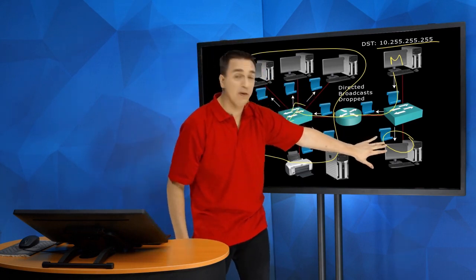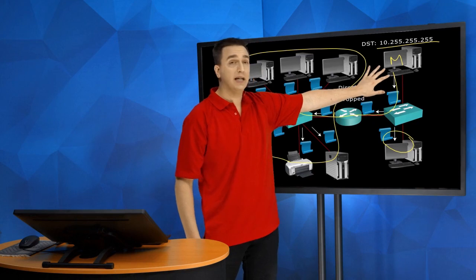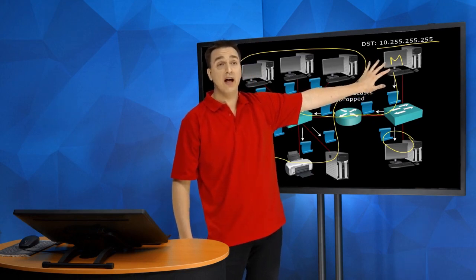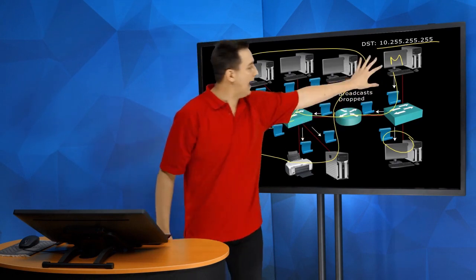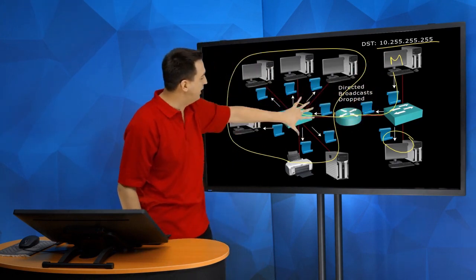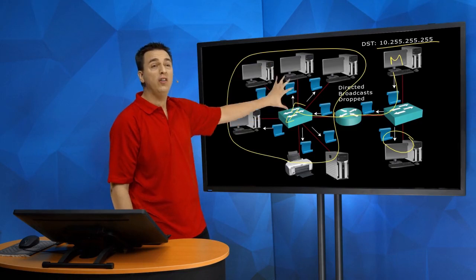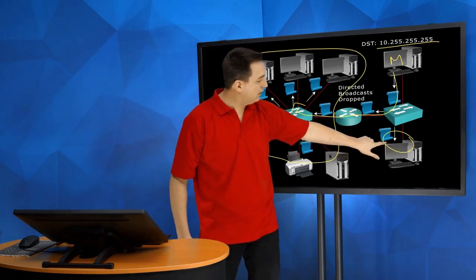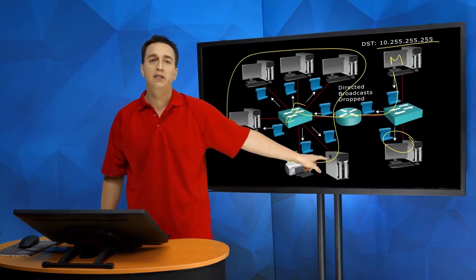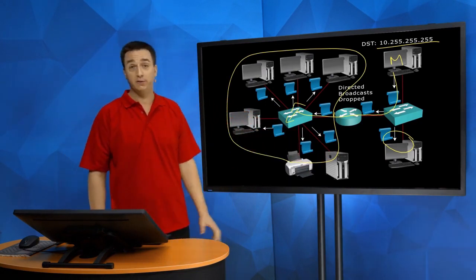So pretend it's coming from this PC. The destination is 10.255.255.255, but the source is actually this PC. And so what'll happen is we send a request in here, and then all these devices respond back to this device down here, and then we've caused a denial of service attack on the device in the bottom right-hand corner. That was a Smurf attack.